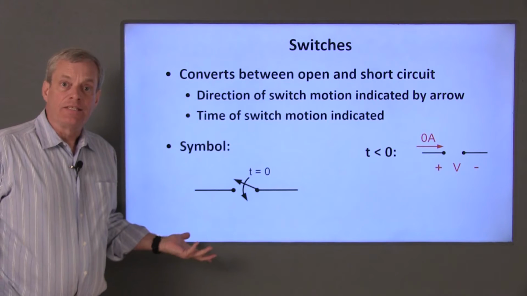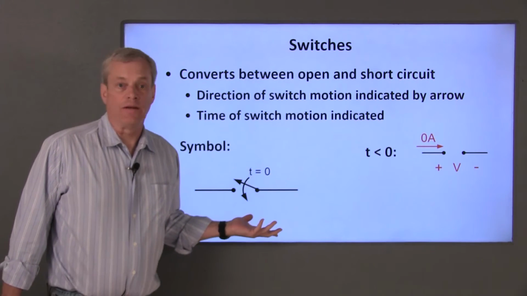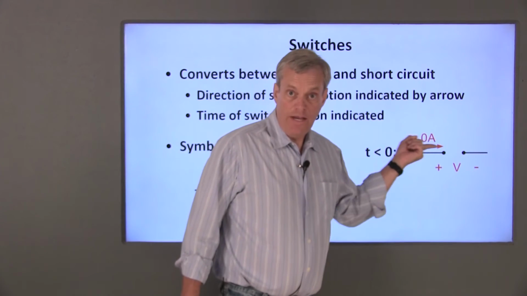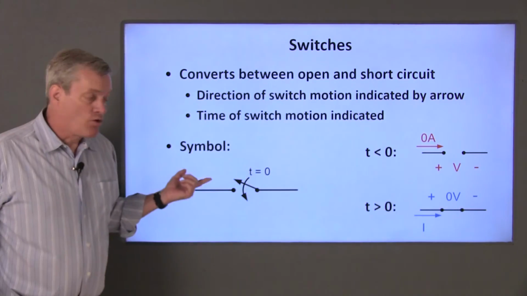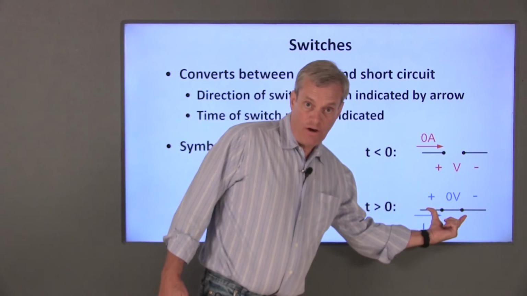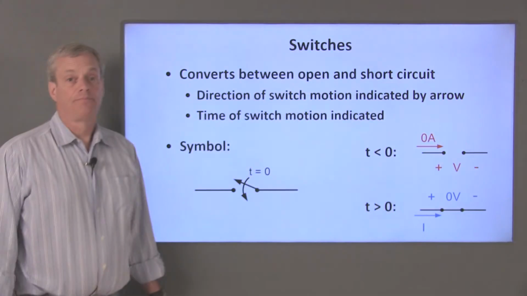When time is less than 0, the switch is open, which means it acts like an open circuit. This means that for t less than 0, the switch doesn't flow any current, but it has an undefined voltage difference. For time greater than 0, the switch is closed and there's no voltage difference across it, but we don't know anything about the current through the switch.